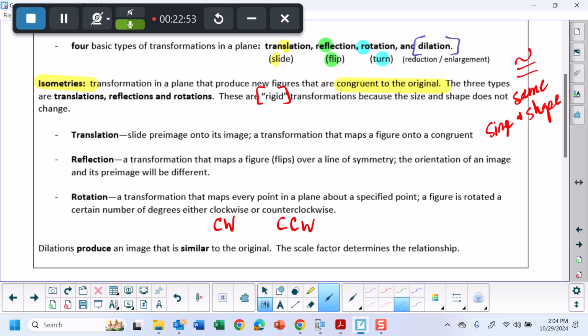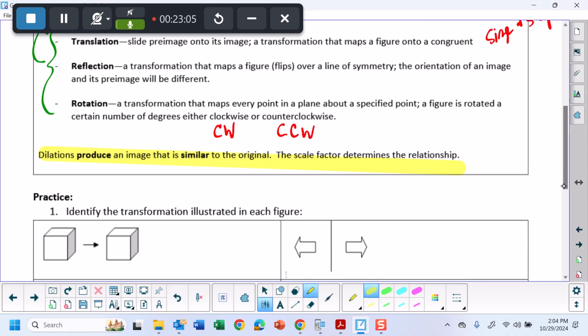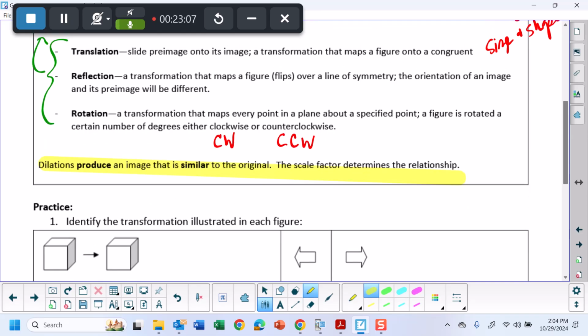Each of those things guarantees then isometry. Dilations are different because they produce an image that's similar, meaning the same shape but not the same size.